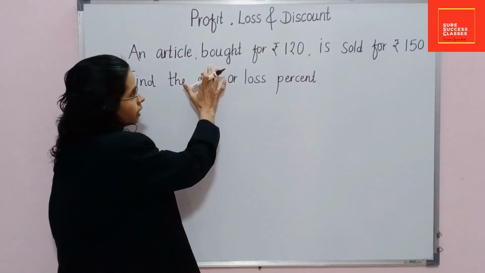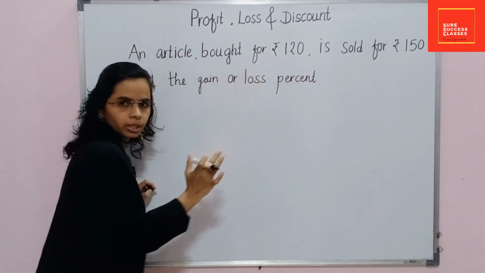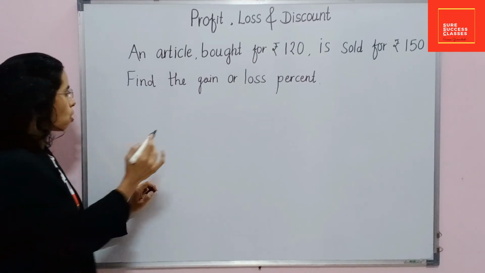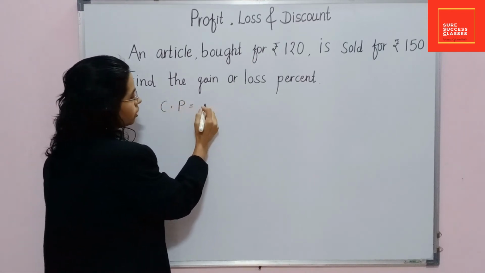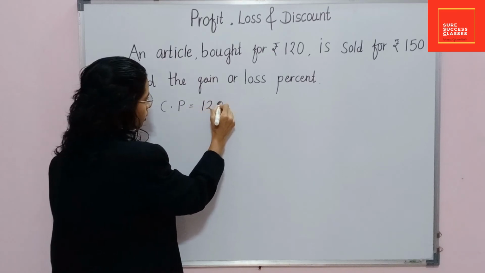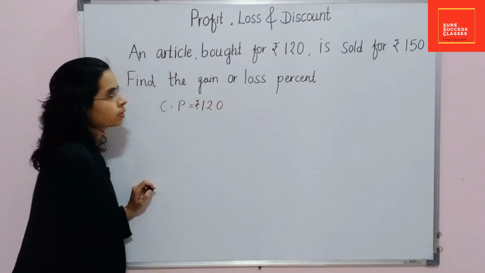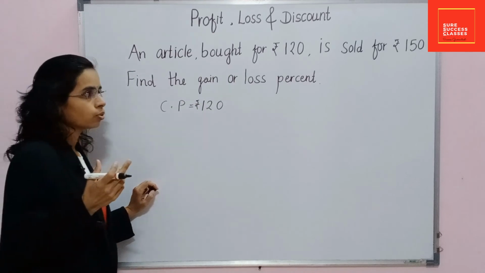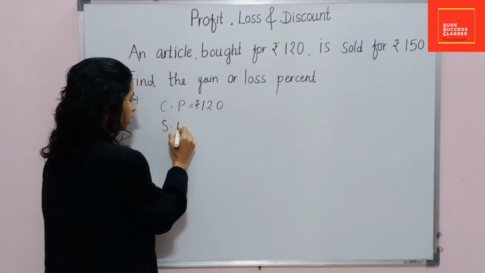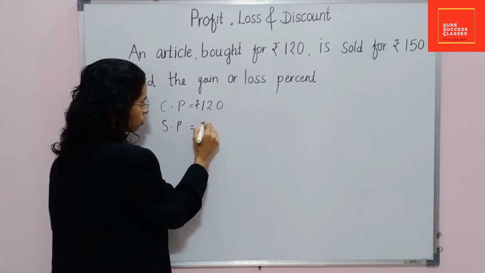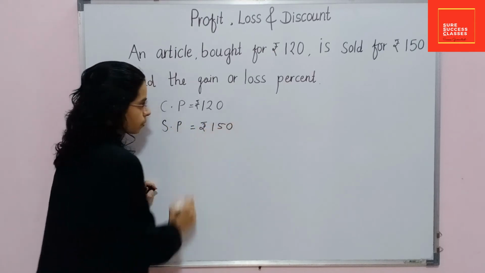Here, article bought for rupees 120 means this is our cost price. It is equal to 120 rupees, and is sold for rupees 150. So selling price is rupees 150.